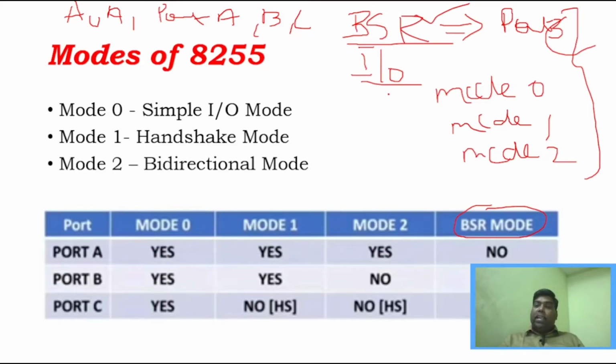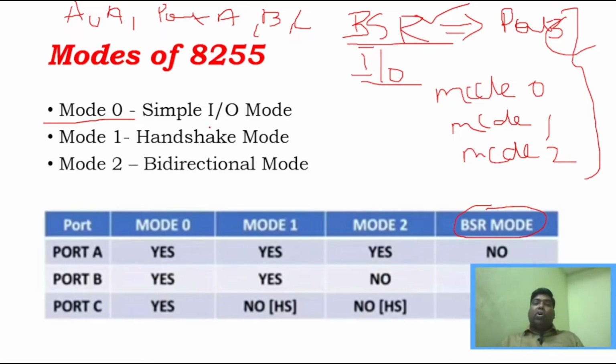But before that you have to understand what mode 0 is, what mode 1 is and what mode 2 is. Mode 0 is called simple IO mode. There is no data transfer and no interfacing capability in mode 0. It will just make that port act as an input port or an output port.